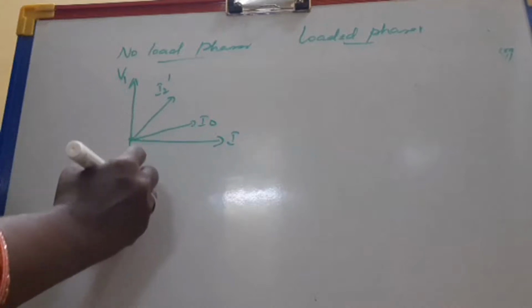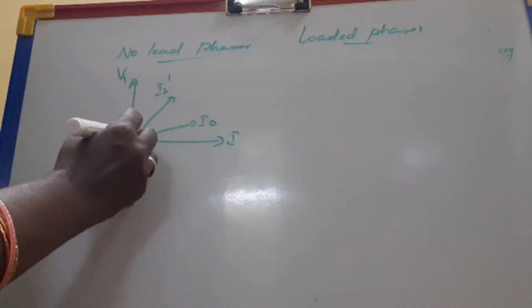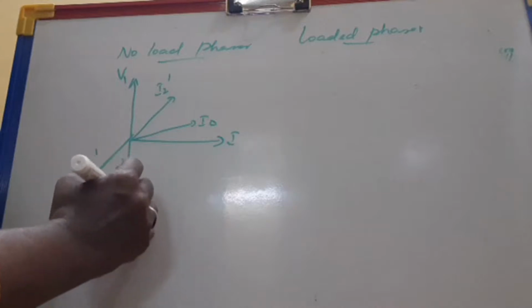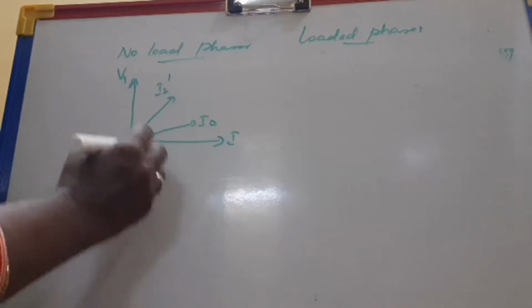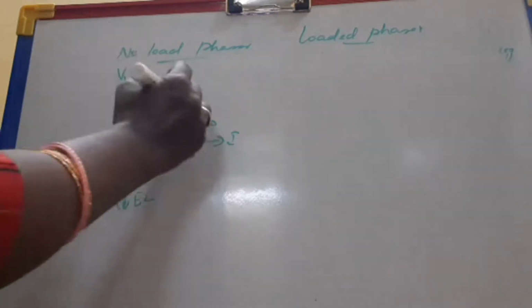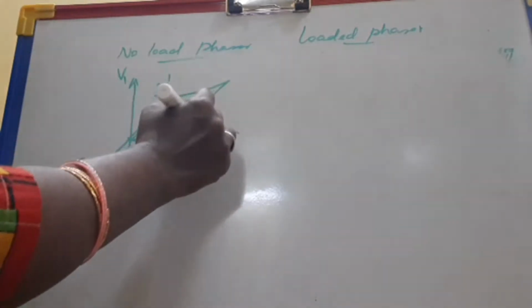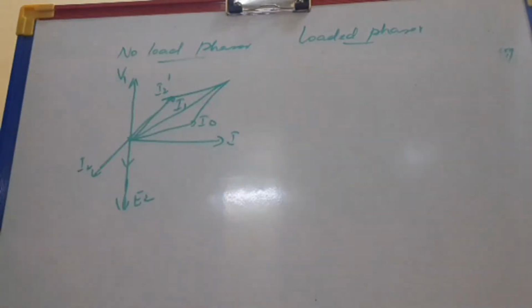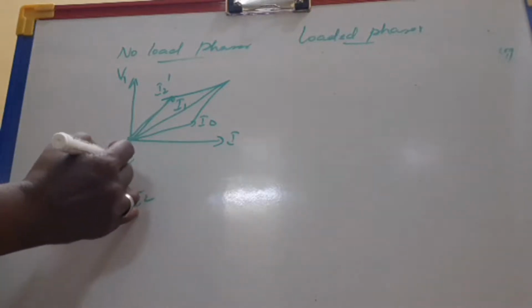I2 is lagging, so we extend I2 to the primary side as I2 dash. Draw the parallelogram. That is an inductive load, so E2, I2 lags by an angle phi 2.